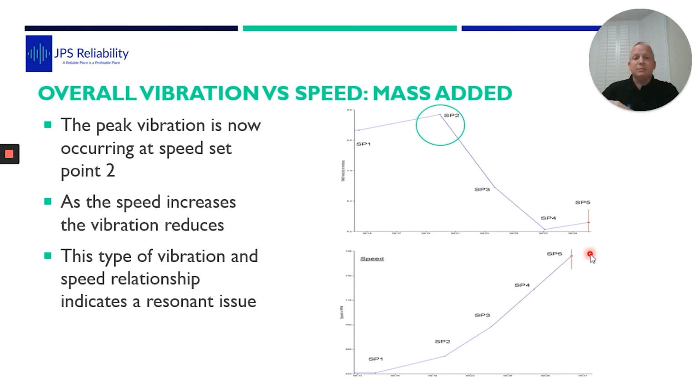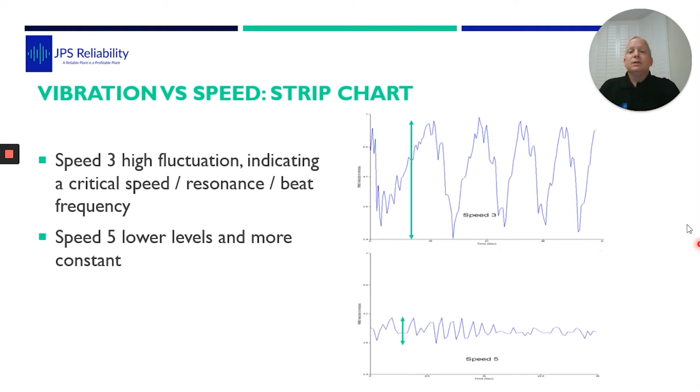It's not misalignment like people have been saying, it's caused by a resonance, but what is causing this resonance problem? We looked at the data another way. So here on a similar pump, we have set point 3 and set point 5. On set point 3, if you imagine this coming up, it's all going bum, bum, bum, bum, bum, bum, bum, like this.